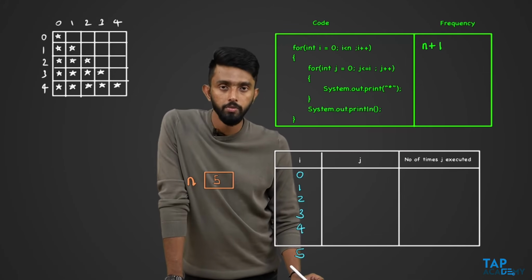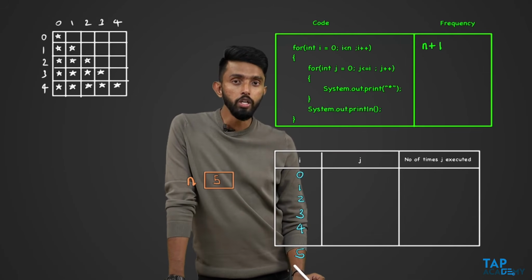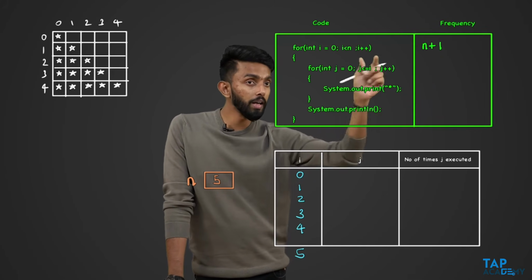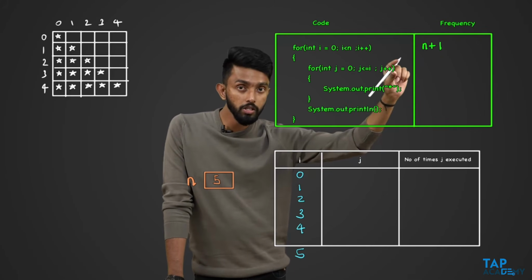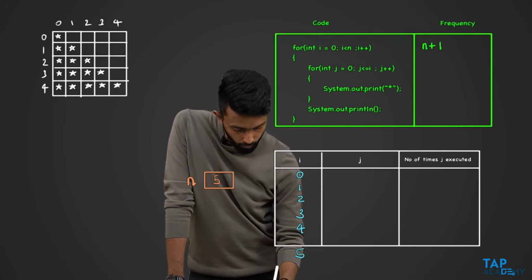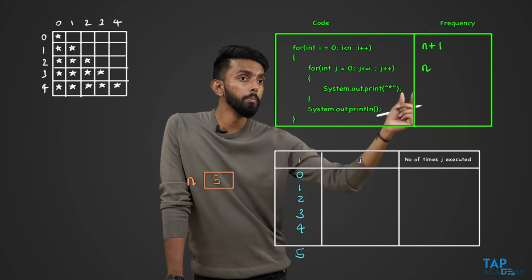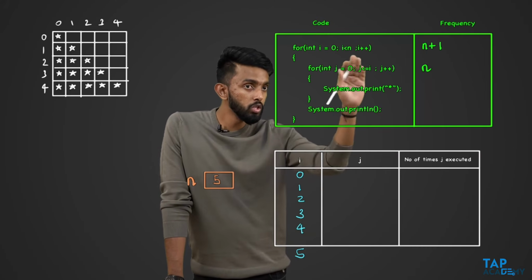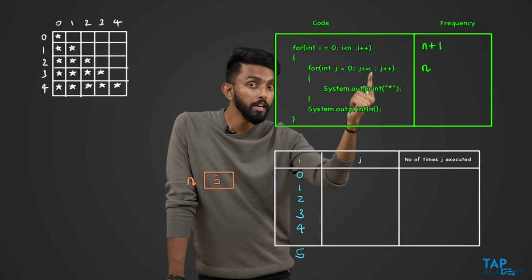Here I will write that this will execute for n plus 1 times. Now, don't foolishly think that just because the outer loop is executing for n plus 1 times, this inner statement will execute one lesser, n times. If you write n here, it will be a big mistake, because that is not how it works. This loop's correlation is not with n, it is with i.